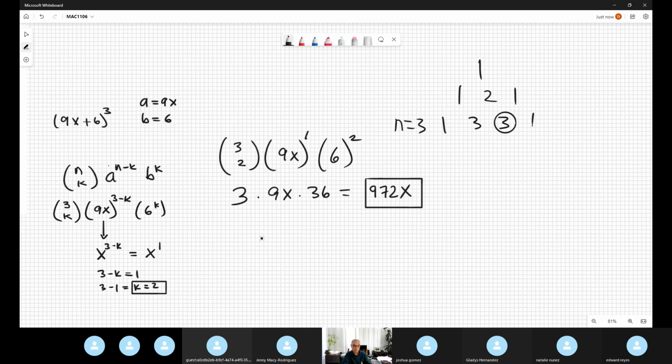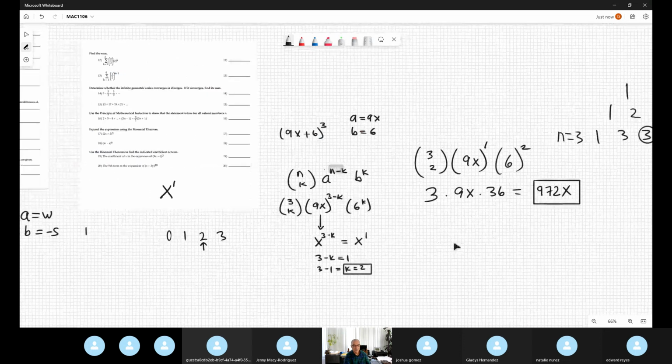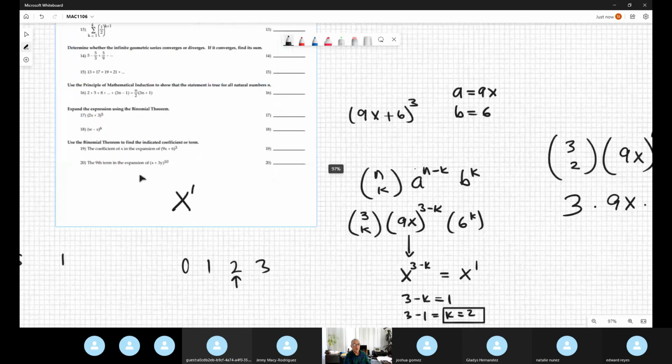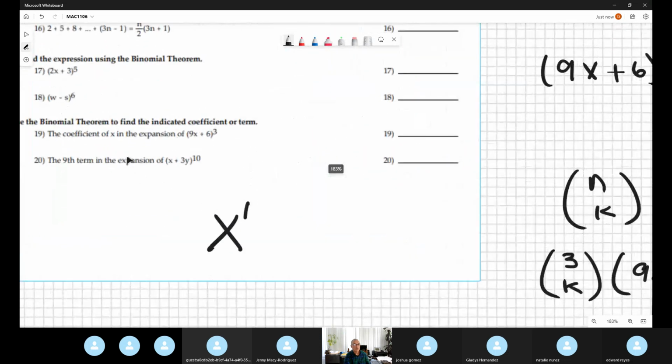So it's not clear, the position. However, you infer the position from the clue that is given in the problem. The clue given is, I want you to determine the coefficient of the term in general that contains x to the 1 power.